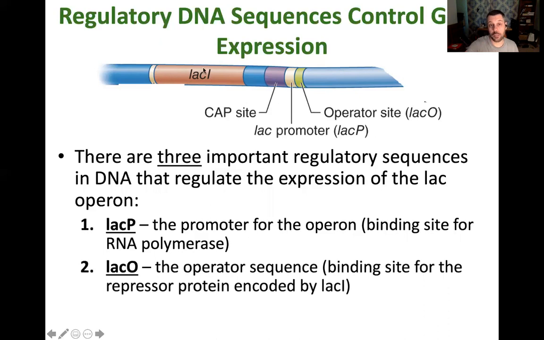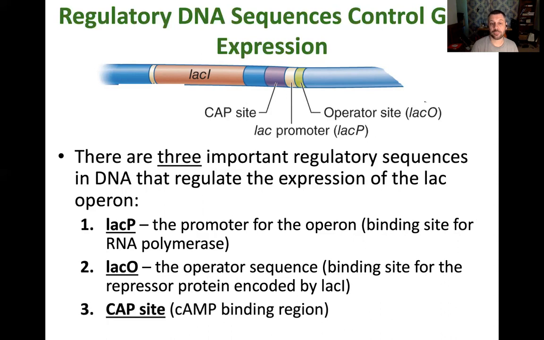So the product made by the Lac-I gene, the protein it makes, will bind to this sequence, the operator, to repress the transcription of the operon. Last but not least is something called the CAP site, which stands for the cAMP binding site. We will talk about that toward the end of the next lecture. But again, it's just a landing site, a special DNA sequence that binds to a DNA binding protein.